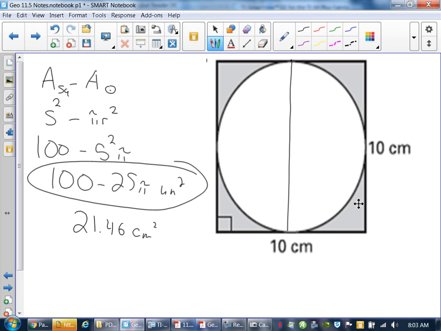Sometimes it'll say round to the nearest hundredth, sometimes it'll say leave as an exact answer. If I say leave as an exact answer, especially when you're dealing with pi, that just means you'll have pi in there. Obviously I can't combine 100 and 25 pi, because you have to treat pi like a variable. You can't combine like this. Okay. Does that make sense?